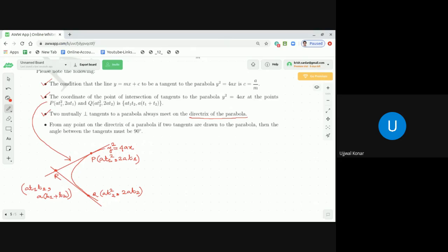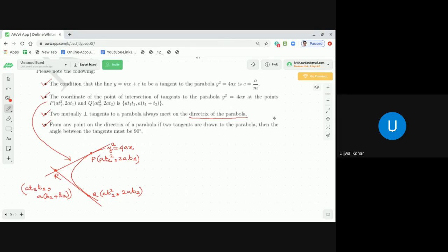The next point is that from any point on the directrix of a parabola, if two tangents are drawn to the parabola, then the angle between those two tangents must be 90 degrees, which is actually the statement inferred from the previous statement. That is, the two mutually perpendicular tangents to a parabola always meet on the directrix of the parabola.